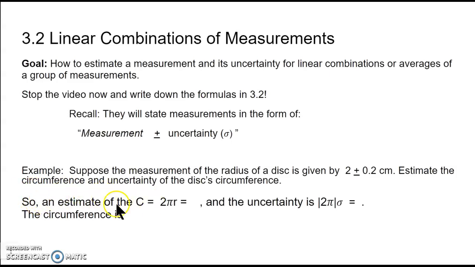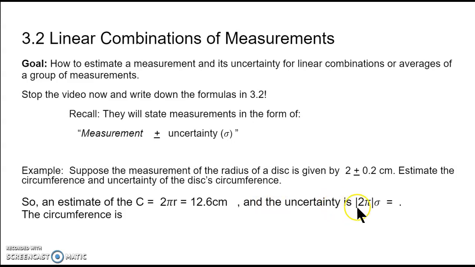An estimate of that, this should be the first formula you wrote down. The estimate of the circumference should be 2 times pi times r. If we take 2 times pi times this radius, our estimate of the radius was 2 centimeters, we'll get 12.6 centimeters.